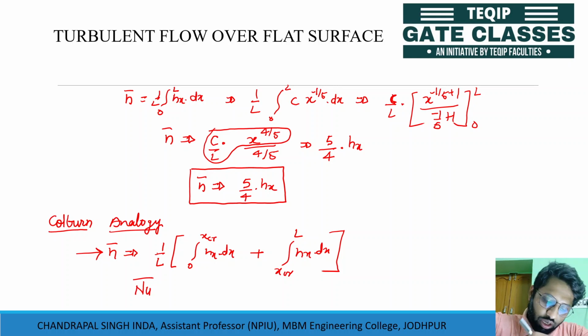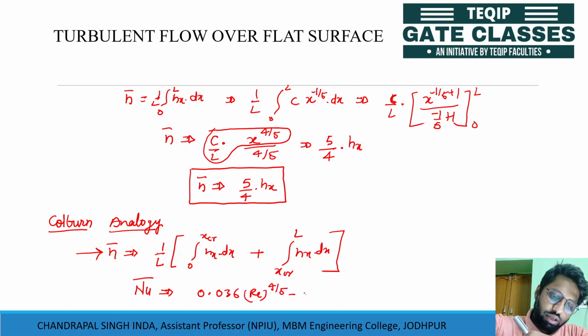So this average value of the Nusselt number will be equal to 0.036 Reynolds power 4 by 5 minus 871, multiplied by Prandtl power 1 by 3.